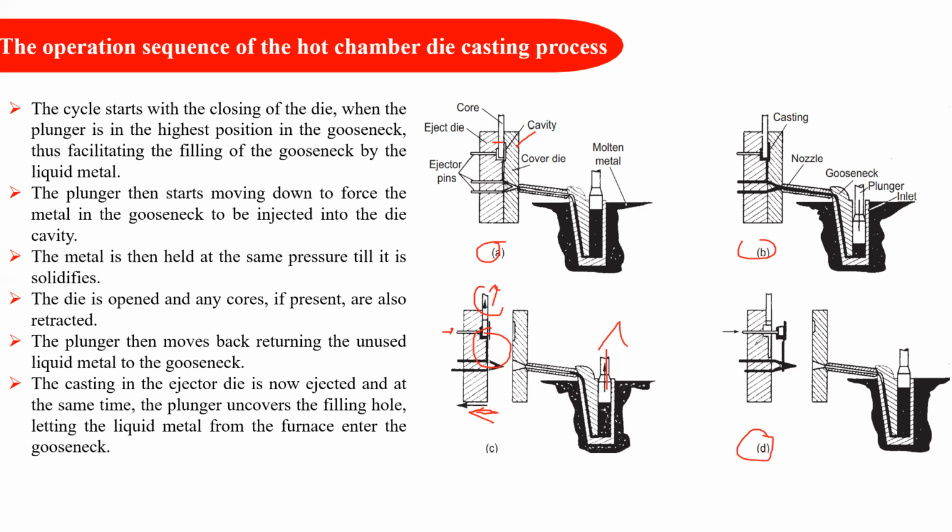This is the fourth step. So in the first step, cleaning and lubrication is done. In the second, the molten metal is pressurized into the die cavity. In the third, the die is separated, and with the help of the ejector pin, the final component is taken out. This is the sequence of the hot chamber die casting process.